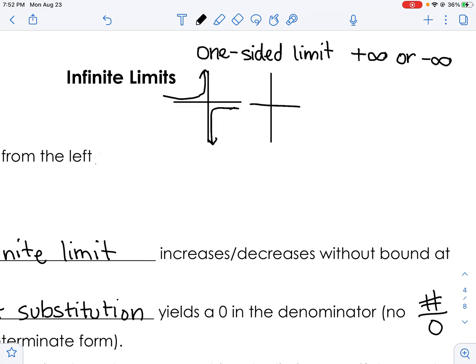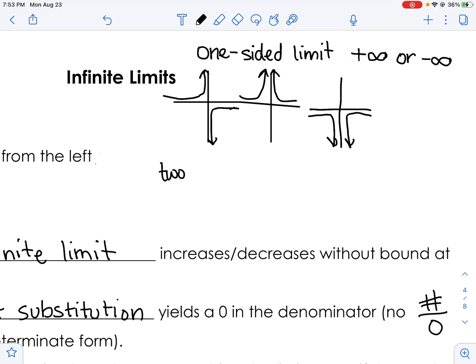So your graph could look like that. Your graph could look like this, where they're going in the same direction. Again, we're just looking at the one-sided limit. Or the last one, they could both be going down. So if we're just looking at one side, you have two options, 50-50 chance. Positive infinity or negative infinity.